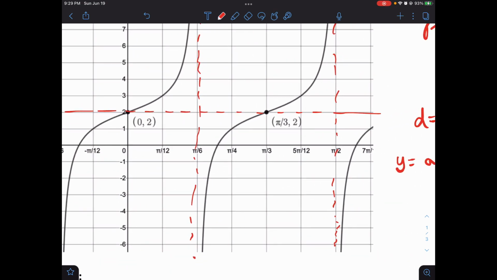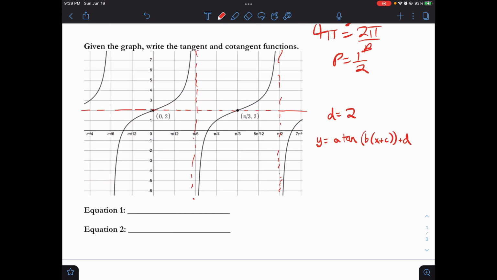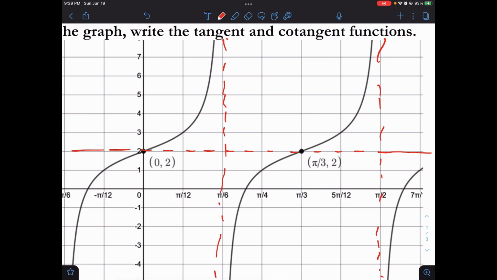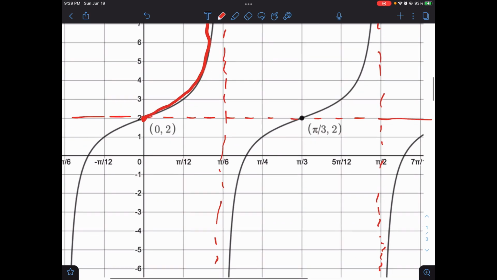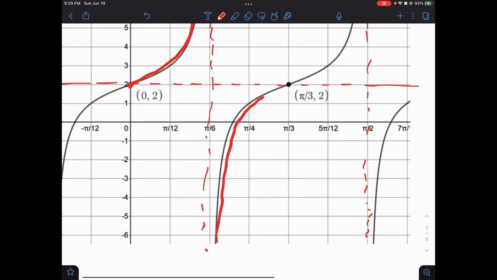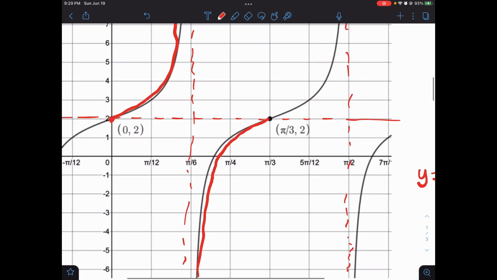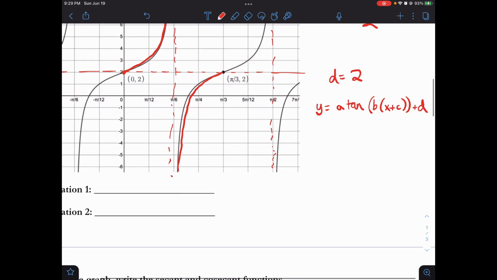Now let's say we're trying to figure out our period. Our period is going to start from 0, then go all the way here, and then the graph just repeats. So it goes from 0 to pi over 3, which is just pi over 3.